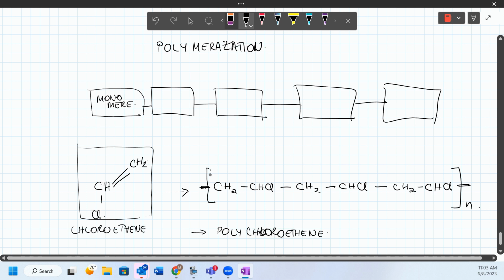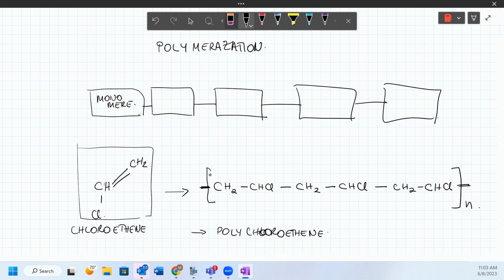Okay, so the use of the polymers is very common even in our everyday life. We see polymers almost everywhere. Polystyrene is a polymer. Polymers are very, very used in our everyday life.